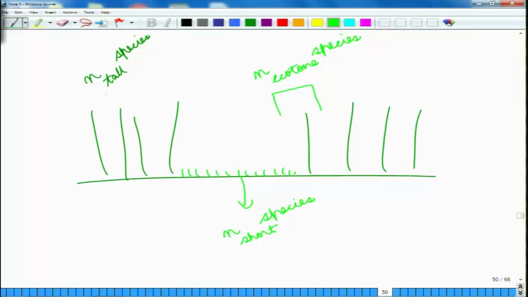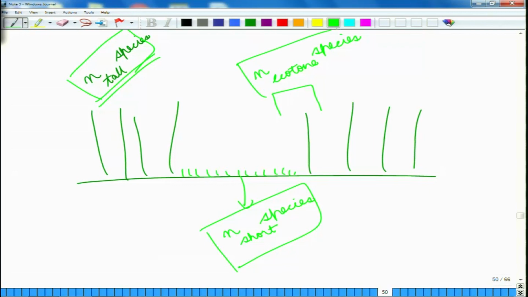So when we look at species diversity, earlier we only had n tall species, but now we have n tall species together with n short species and n ecotone species, and this sort of diversity in the habitat goes by the name of structural diversity.